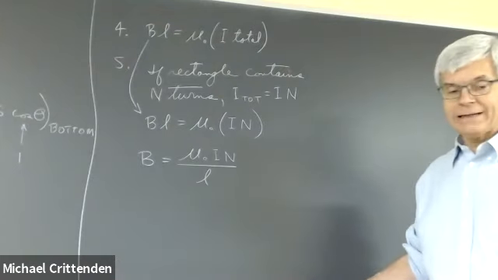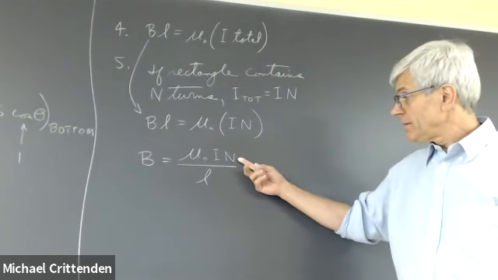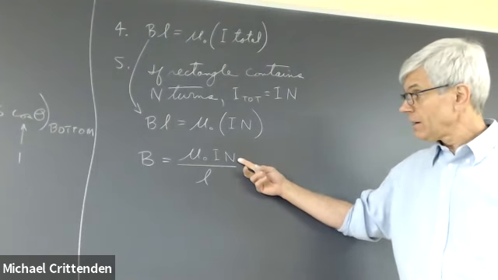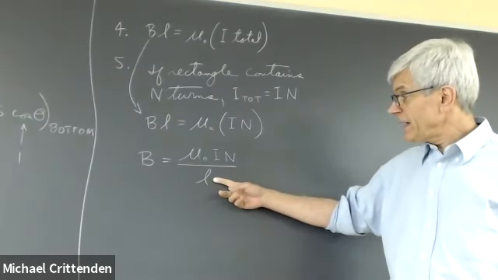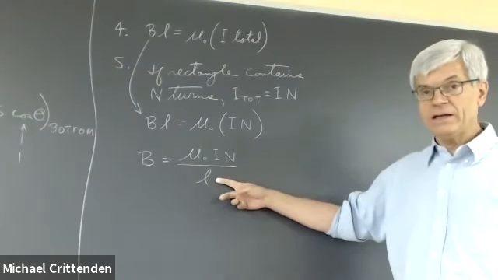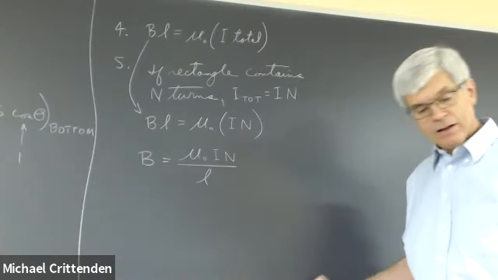Now, one more problem to mop up here before I've got something I can draw my box around. If this is truly an infinitely long coil, then N is infinity and L is infinity. So we have here infinity divided by infinity, which is just as undefined as 0 over 0 would be.